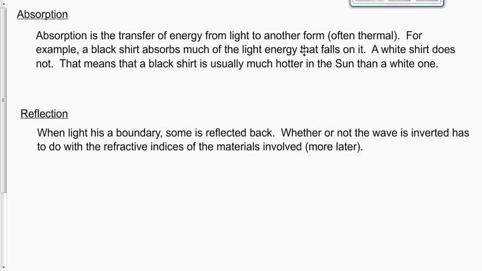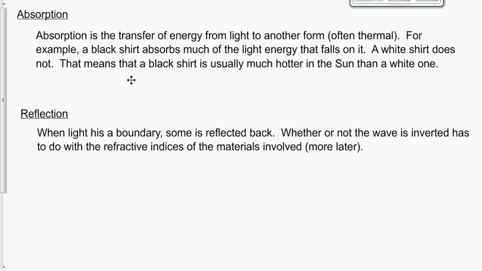But for this example, if you wear black outside in the sun, you know that the shirt will be warmer than if you wear a white shirt. That's because the black shirt tends to absorb the incoming solar radiation, and that energy is not reflected back; it's absorbed, and that extra energy then goes to thermal energy of the shirt, whereas the white shirt would reflect that energy back, and it doesn't convert that energy into thermal.